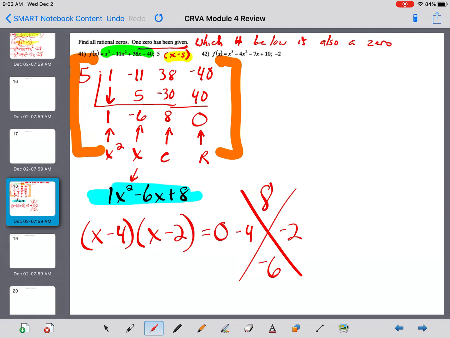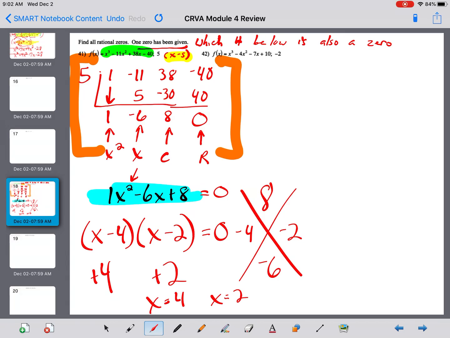And so what makes this blue remaining trinomial equal 0? Well, positive 4 and positive 2. So x equals 4, x equals 2. So for multiple choice, either 4 or 2 should be in the list down below, and whichever one is down below, you would check, because that is a 0.